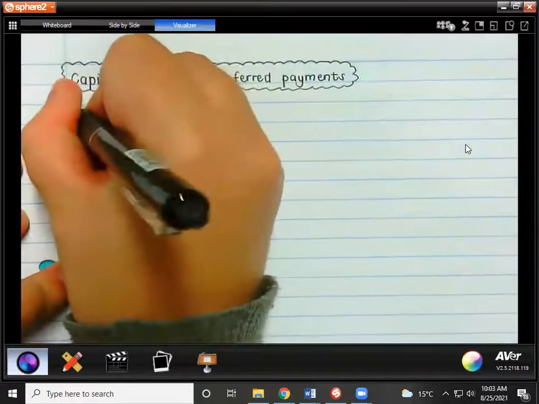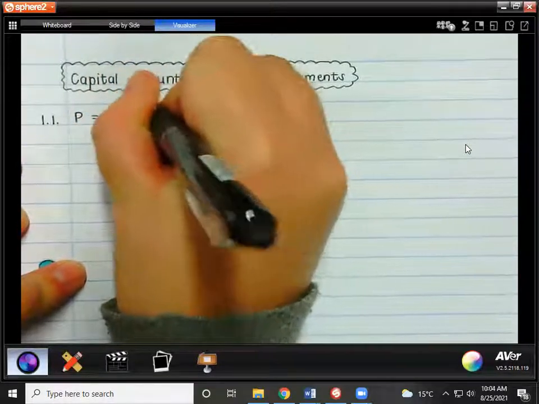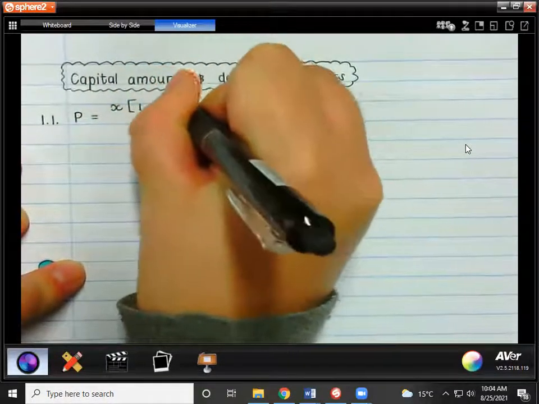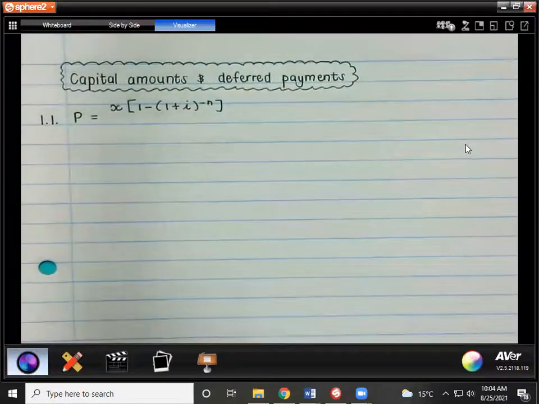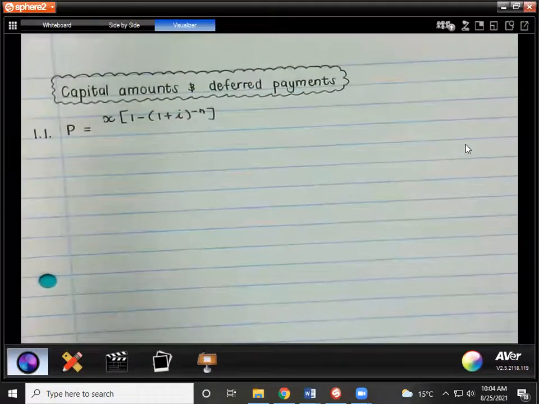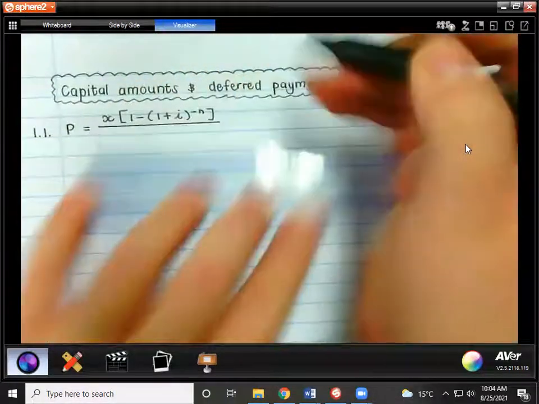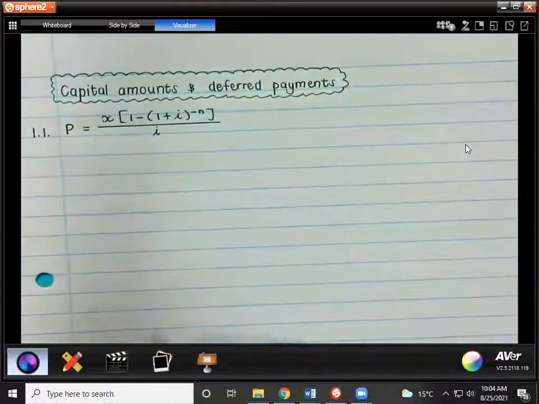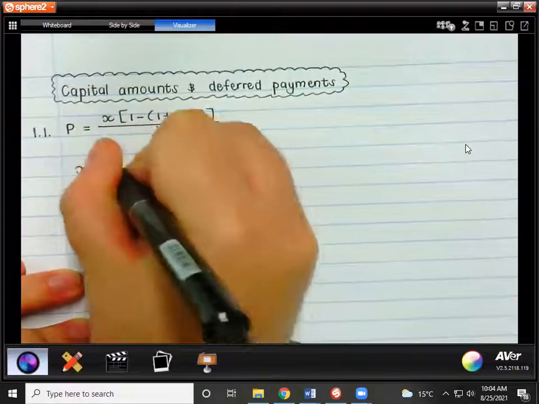Like I said yesterday, you don't actually have to write this formula down, but it's nice to practice it while it's still a low stakes situation, not exam time, just practicing the formula. I'm going to put my X on this side because this is what we are solving for.